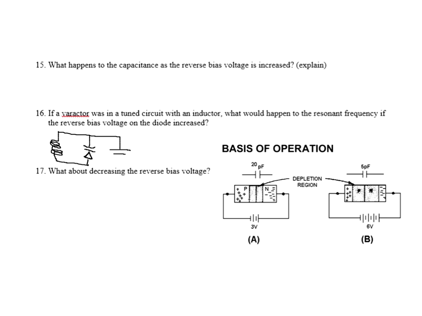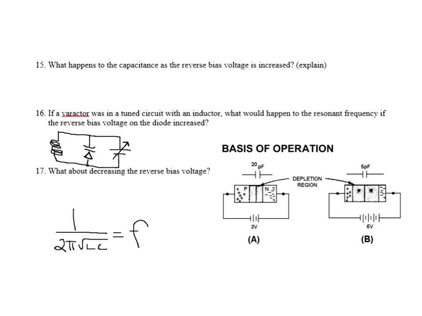I'm putting reverse bias power on that diode and changing it. So if a varactor was in a tuned circuit, it's an LC tuned circuit. And what is it? It's 1 over 2 pi square root LC. That equals the frequency that it's tuned to, the tuned frequency.